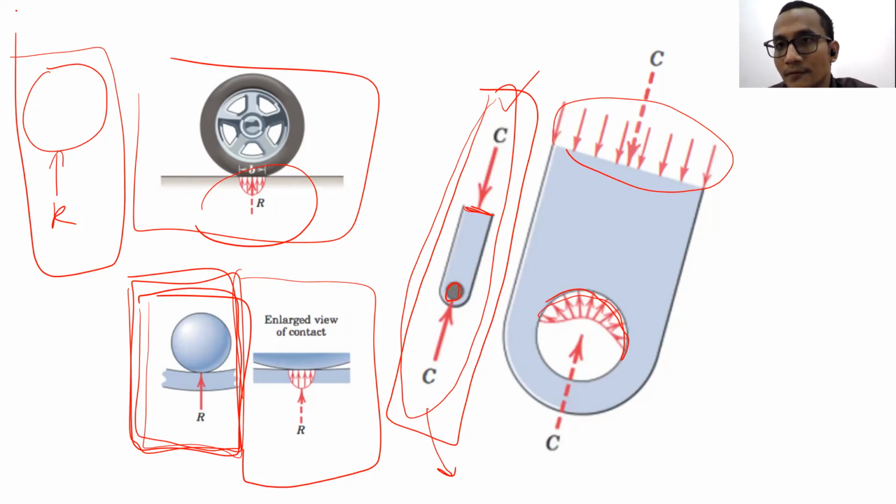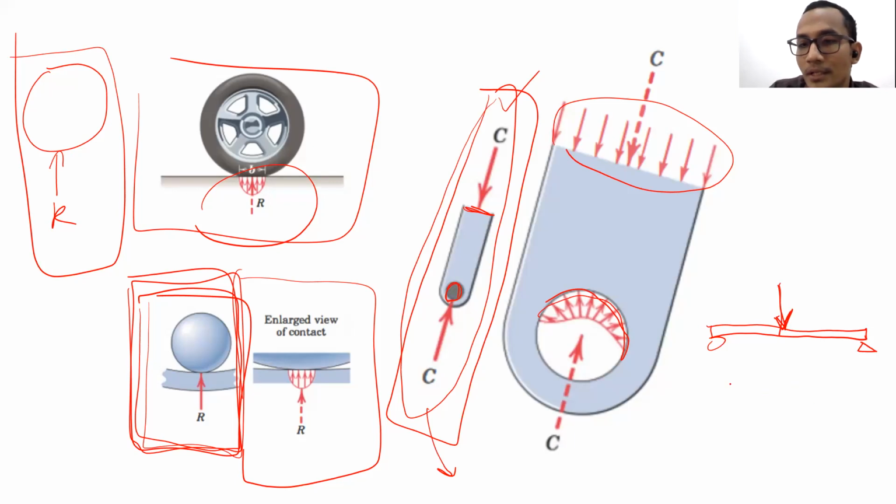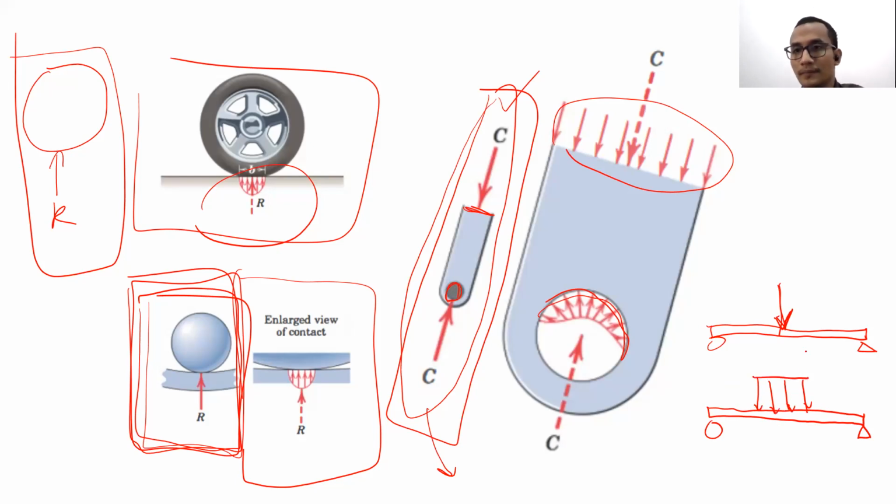For example, if we have a simple beam like this, and we put a concentrated force in the middle, the effect will be different than if we put a distributed force like this.